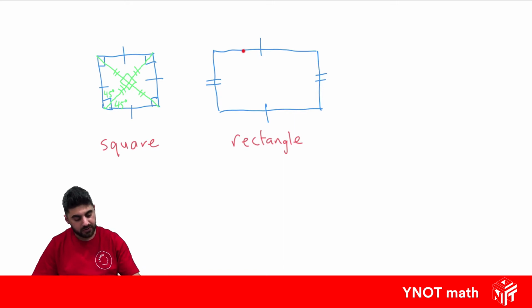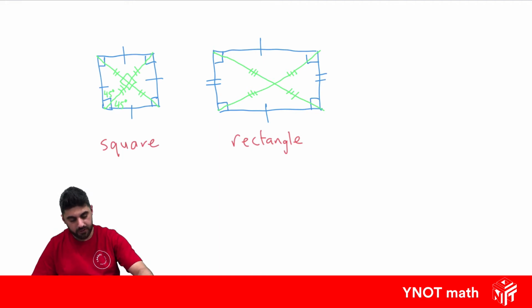Opposite sides are also parallel, so that's parallel to that, and that's parallel to that. All angles are right angles. Diagonals also bisect each other. And that's what we have for a rectangle.